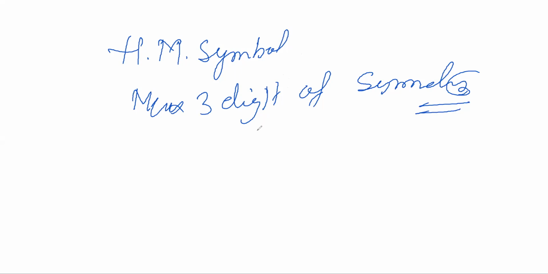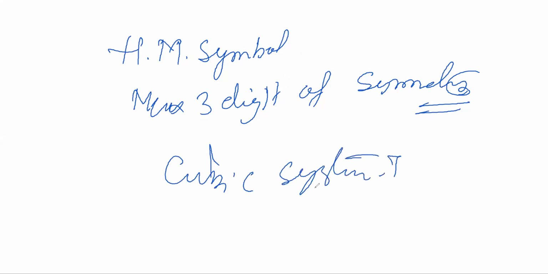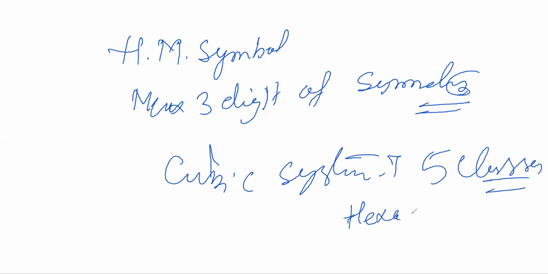Simply means that if we have the cubic system, in the cubic system there are 5 classes. So first we'll take the hexaoctahedron class. This is actually the normal class of the cubic system, or we could say the holohedral form of the cubic system.